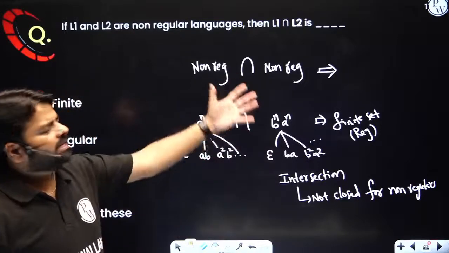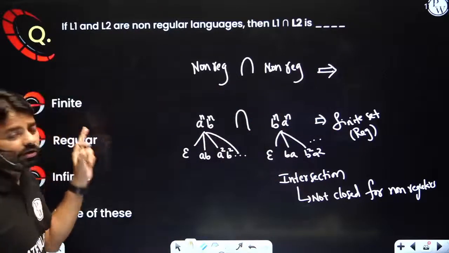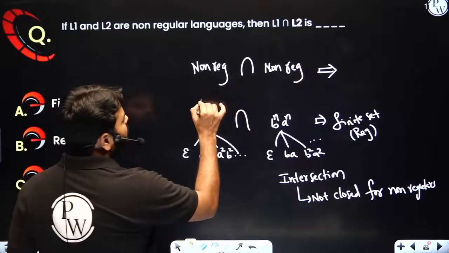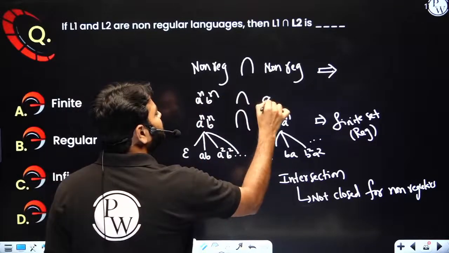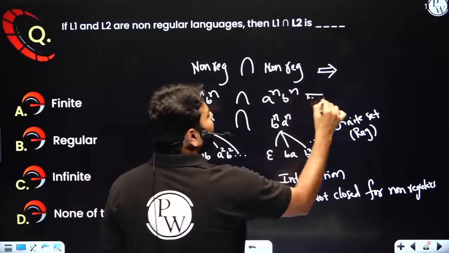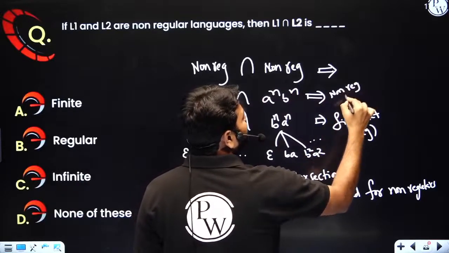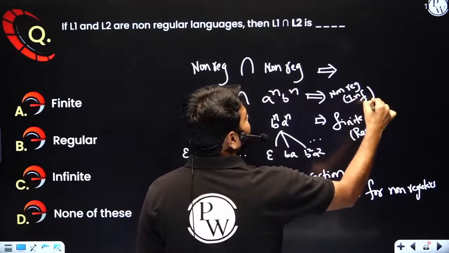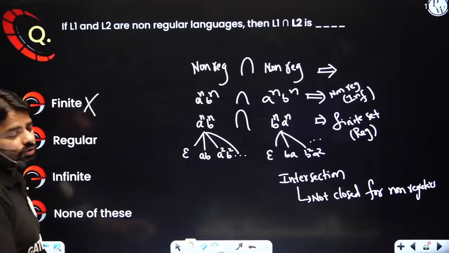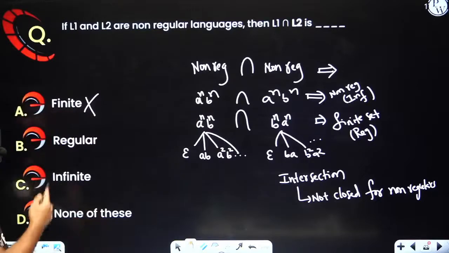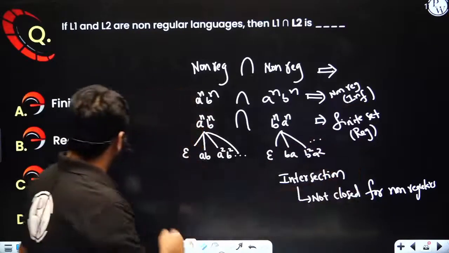Now, what is the result? Can you always assume it is finite because there is an option finite? No. There is an example. Take the same example, a power n b power n. What do you get? You get infinite, which is non-regular, and also infinite. That means option A is wrong. We can't choose finite because sometimes it is infinite. Regular, we can't choose always regular because sometimes non-regular.